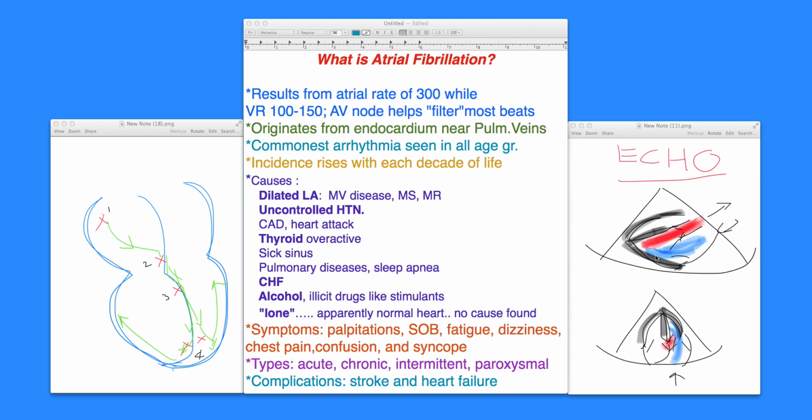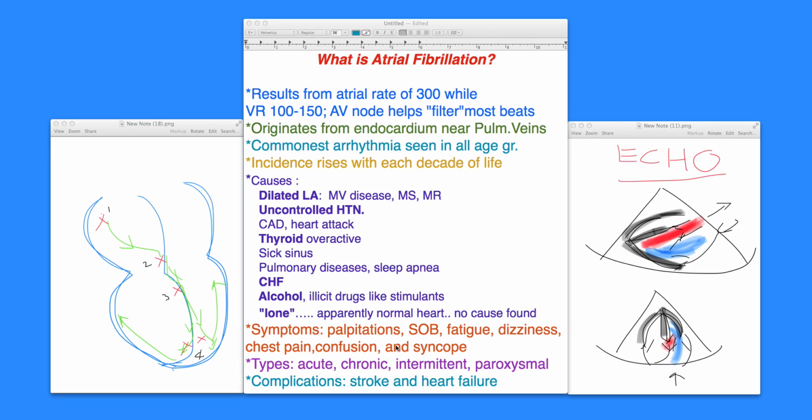If somebody has had a heart attack, the muscle wall would be weakened. In heart failure, globally or regionally, the left ventricular function will be weakened. Alcohol intake can sometimes be seen as atrial fibrillation in that individual when somebody comes into the emergency room after binge drinking, especially young individuals.